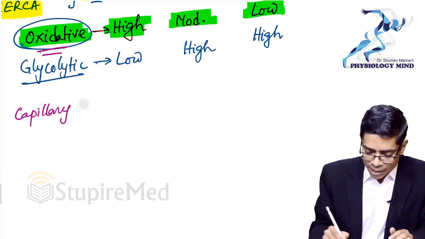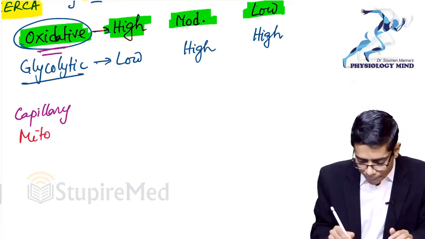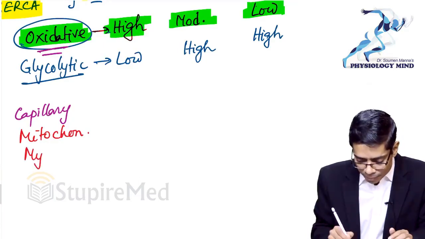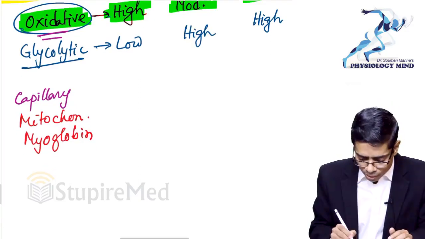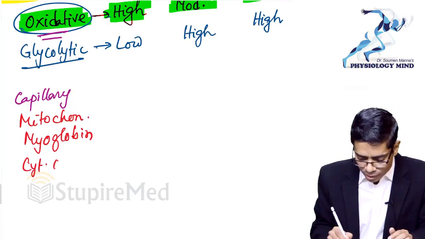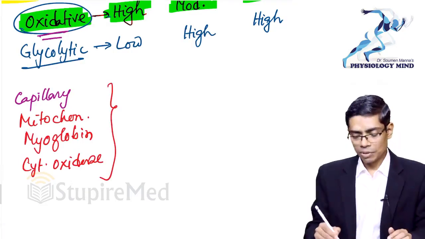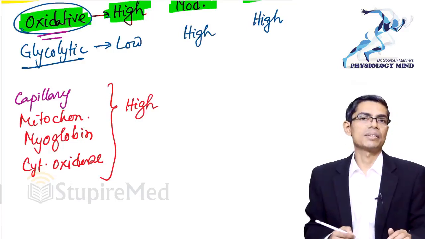Second mitochondria, third myoglobin, fourth cytochrome oxidase. All of this has to be very high in case of oxidative variety of muscle.